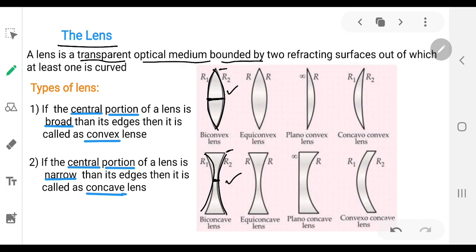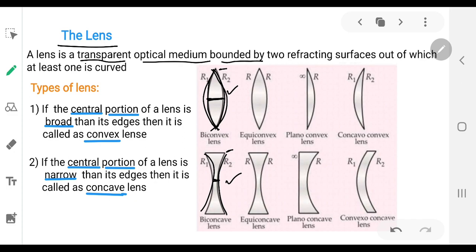Again, in convex and concave you can subclassify. In case of a convex lens, if it has two curved refracting surfaces, then it is called a biconvex lens. Bi means two. Two curved refracting surfaces are there.